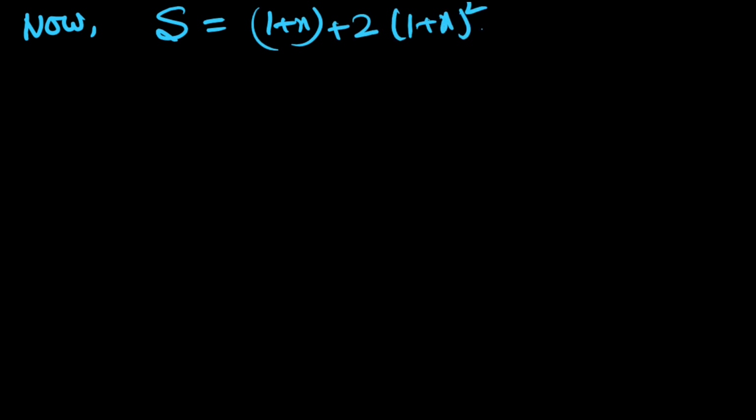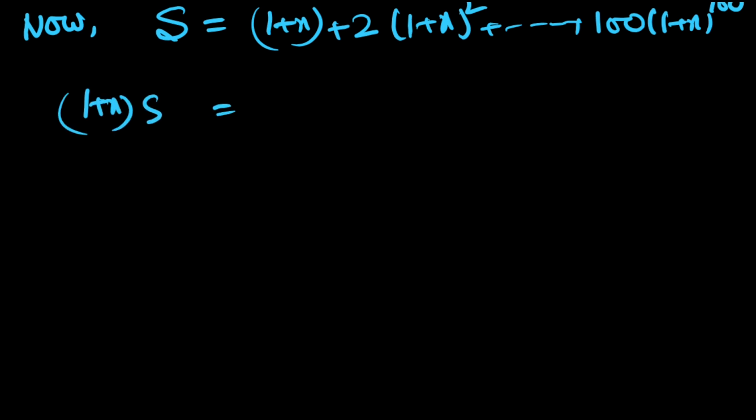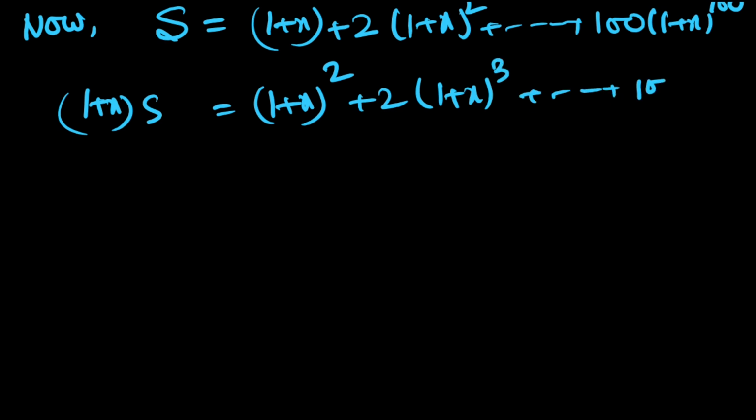Now overall, the question we are doing, we take the total expression, it is denoted by S. The expression is 1 plus x plus 2 times (1 plus x) whole square up to 100 (1 plus x)^100, and we multiply (1 plus x) with S, and we get (1 plus x)^2 plus 2 times (1 plus x)^3 up to 100 (1 plus x)^101.